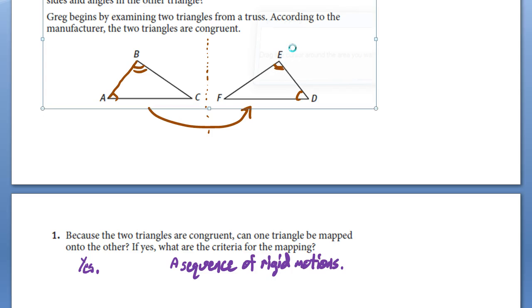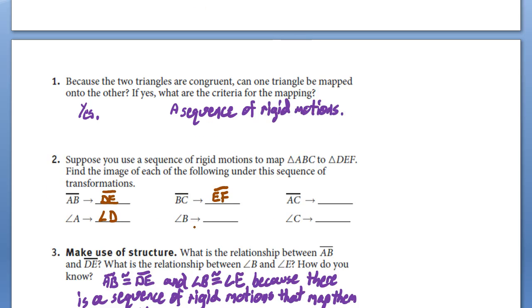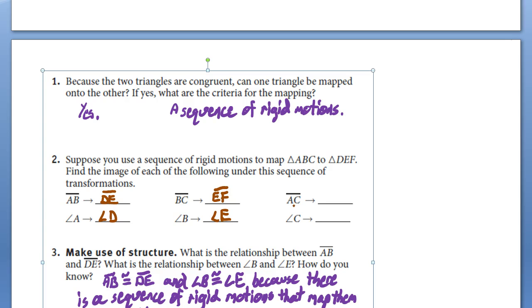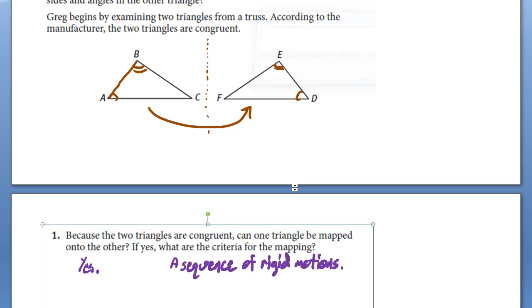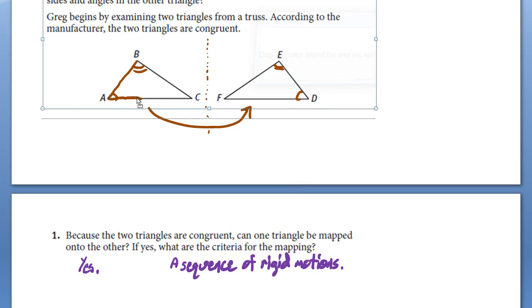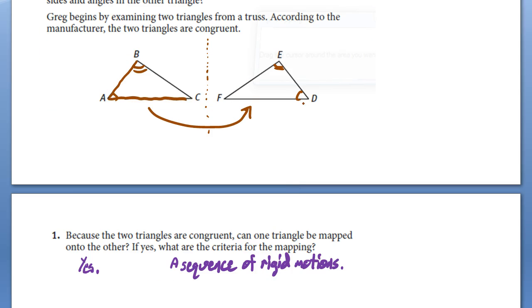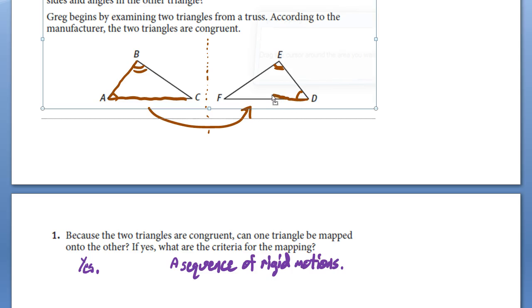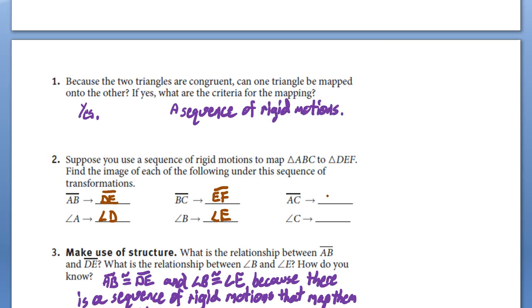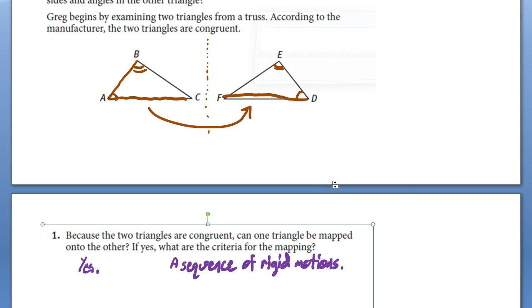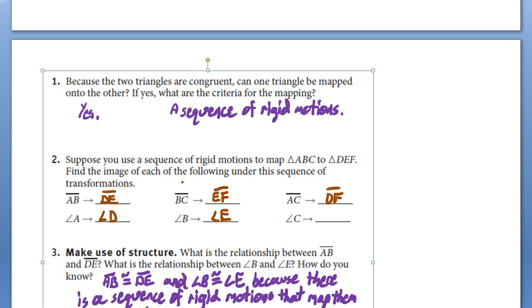Well, that would be angle E. And last, segment AC. That is the bottom of this triangle, and when flipped over here, it would become segment DF. And last, angle C. Which angle corresponds to angle C? How about angle F?